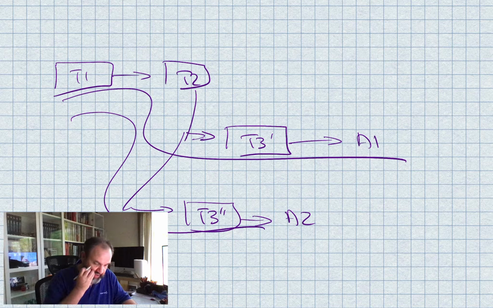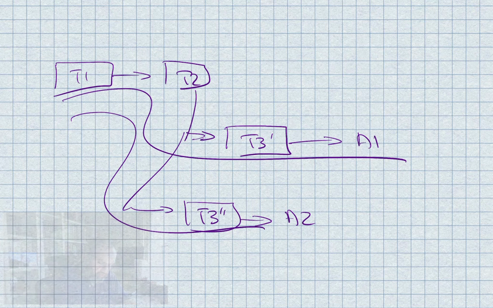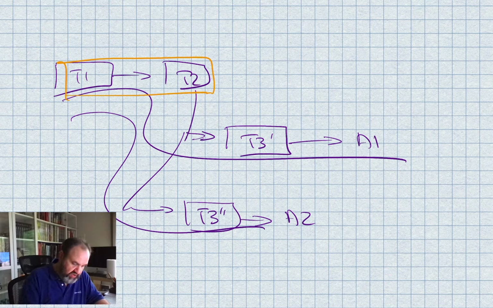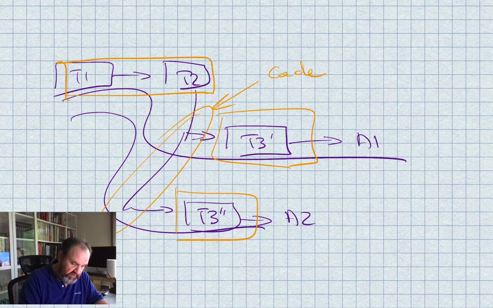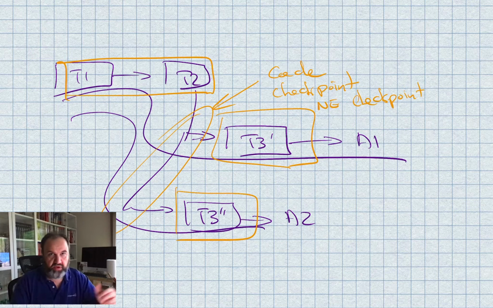So you want Spark to do this thing once, and then do this thing, then this thing. This is where you're going to place your cache, and it can be either a cache or a checkpoint, or a non-eager checkpoint. All these details are really well covered in chapter 16.